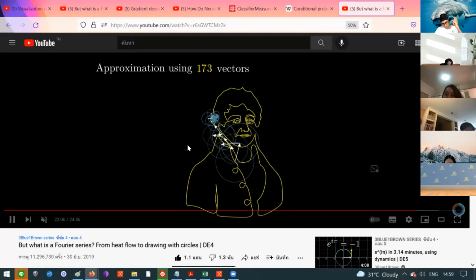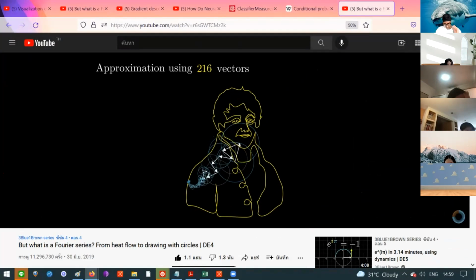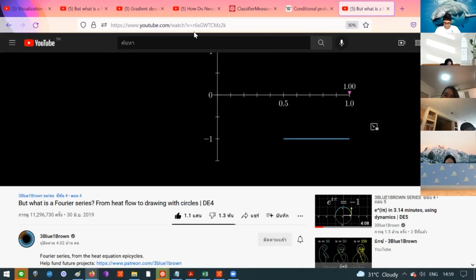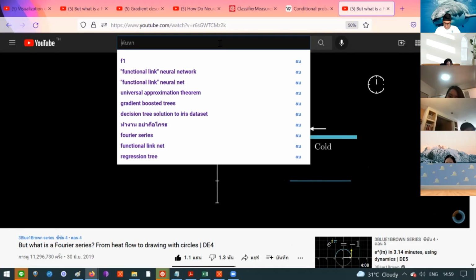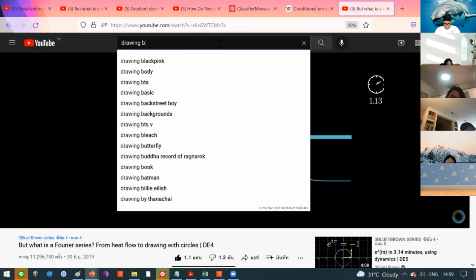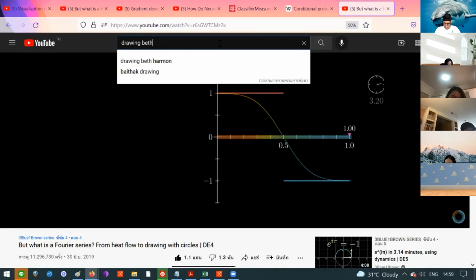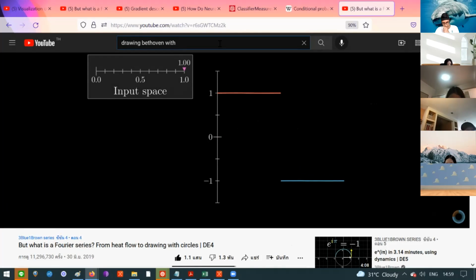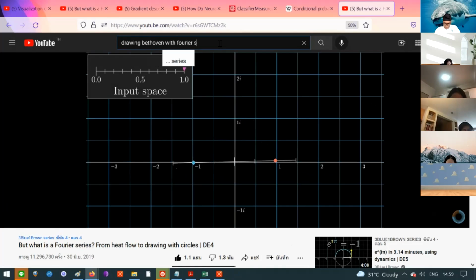If you have a whole bunch of them, you can actually draw a picture of a person. It's quite amazing. This is called Fourier series. This is actually drawn using mathematics. So you can go to Google and say something like drawing Beethoven with Fourier series.